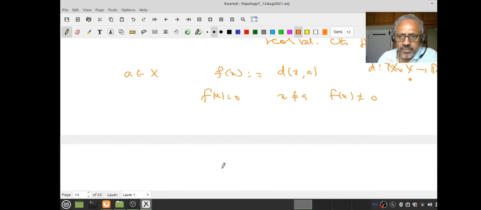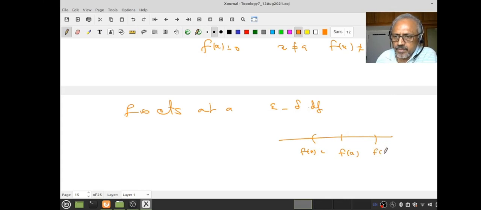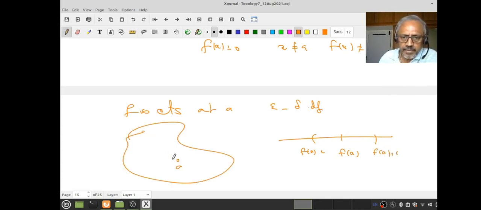So let us look at the definition. What is it that I want to prove? I want to prove f is continuous at a. Now I can use the epsilon delta definition. So I have f(a). Let me take f(a) minus epsilon, f(a) plus epsilon. Then what do I have to do? This is my a. I have to find a delta ball around this, right?